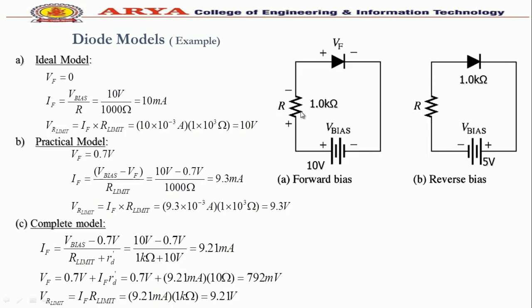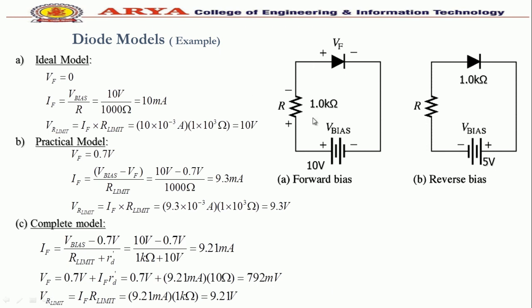As we have R limit, RD dash and the barrier potential value, we can first find IF. IF is calculated as 9.21 milliampere. Putting the value of IF in this equation, VF is now 792 millivolt.